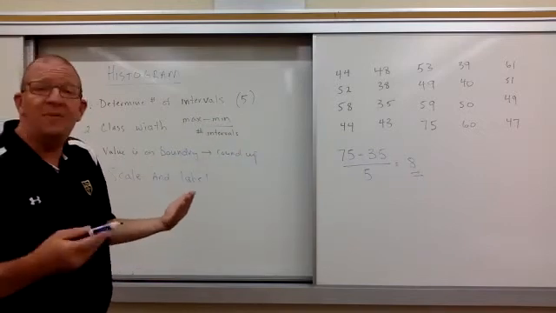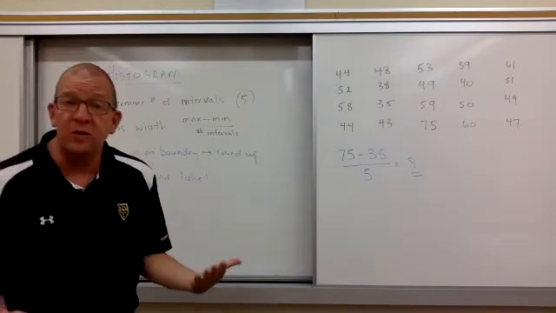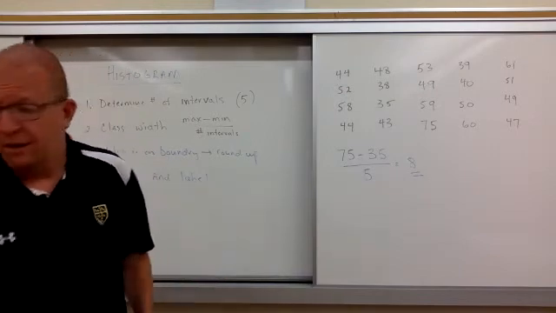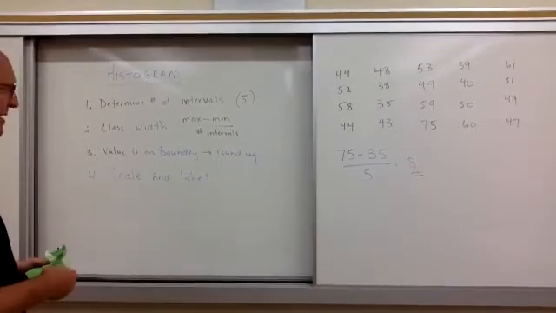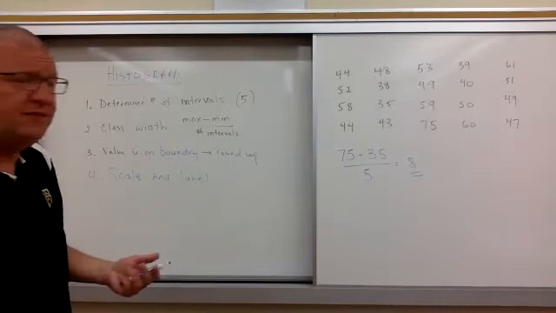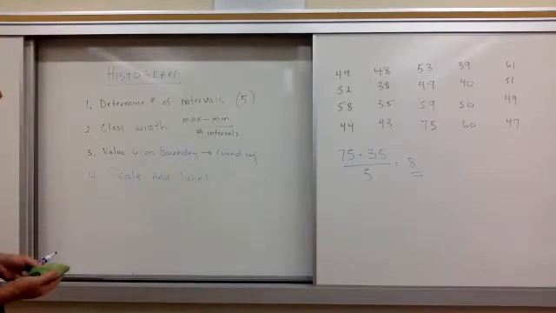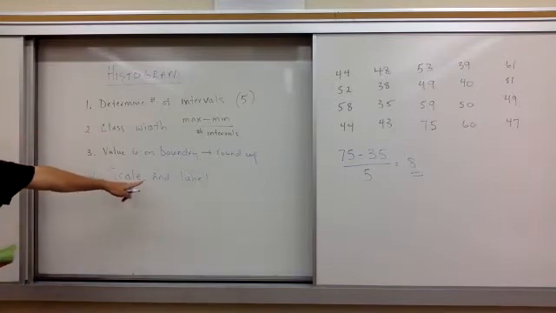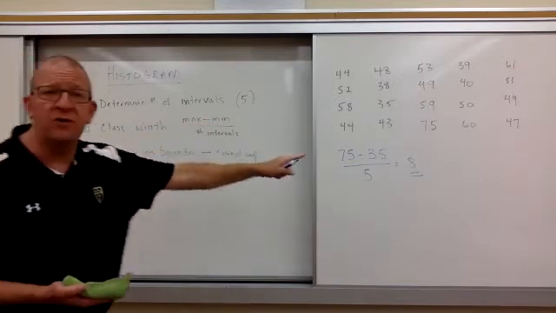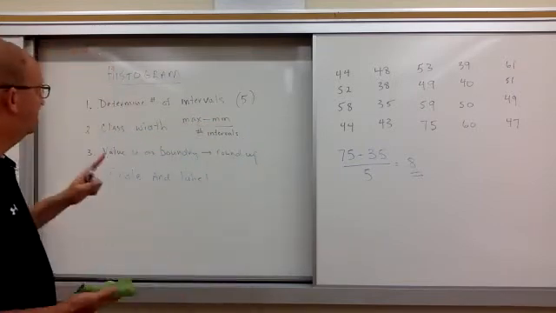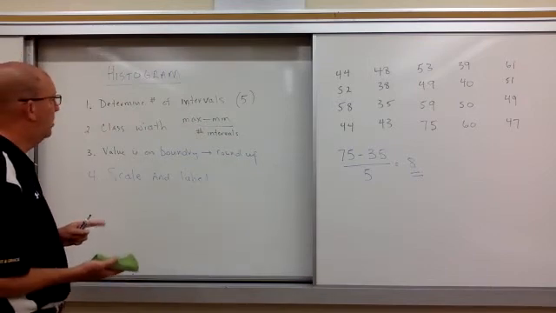Okay, now it's just a matter of coming up with a frequency distribution. We know how to do this, right? We're going to set up and make our distribution, and we're going to see if this works. Okay, so in order to come up with our scale and label, I've got to know how many values are in each class. Okay, so now pay attention and watch as I do this.